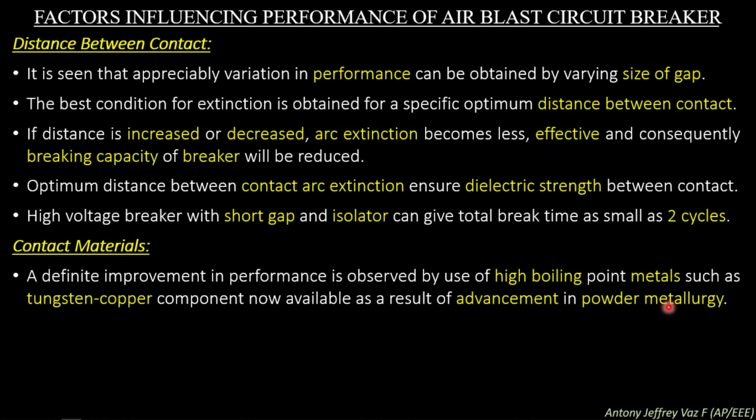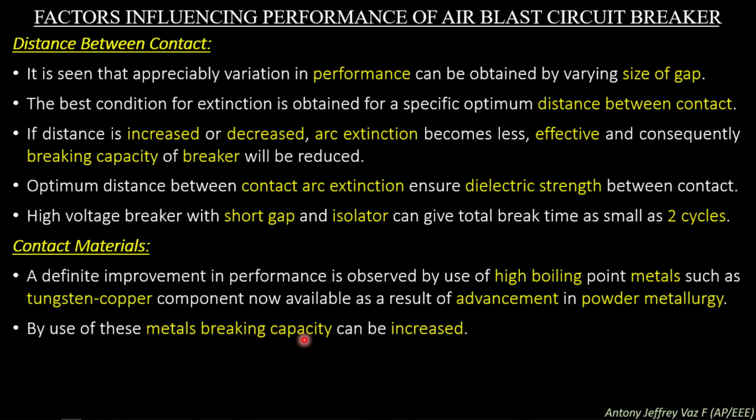So the material used in the air blast circuit breaker is tungsten and copper component, which is made of an alloy and which is used in contacts of the air blast circuit breaker. By use of these metals, breaking capacity can be increased.